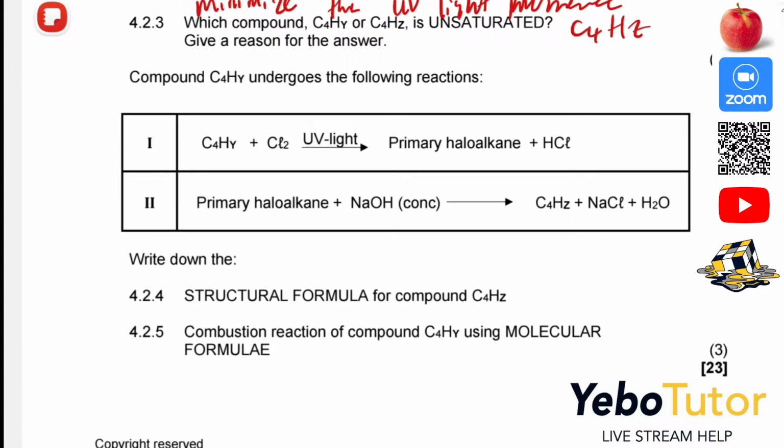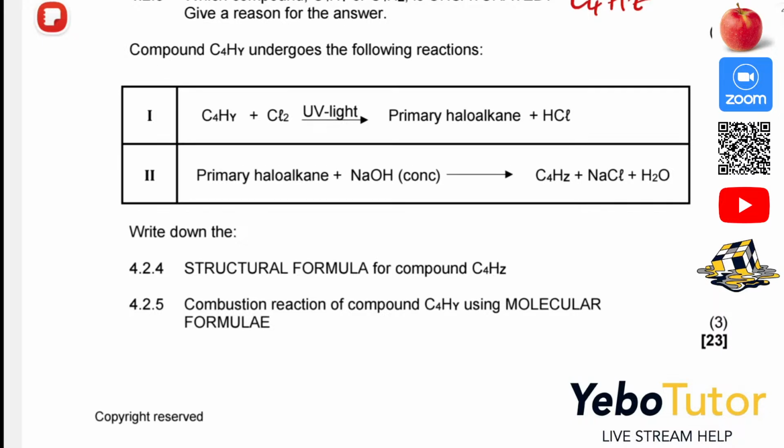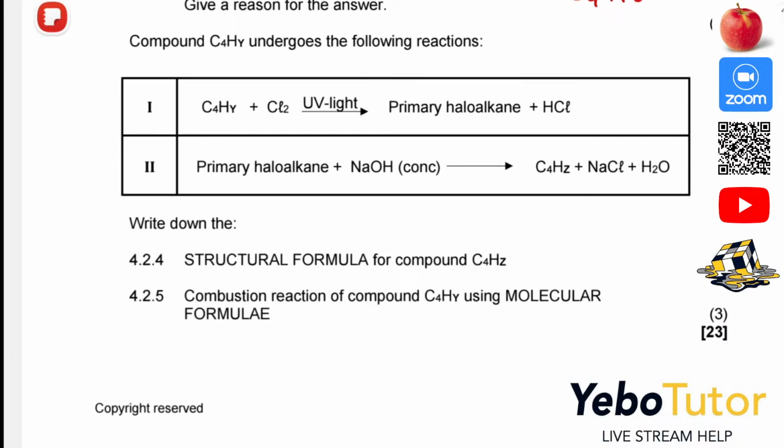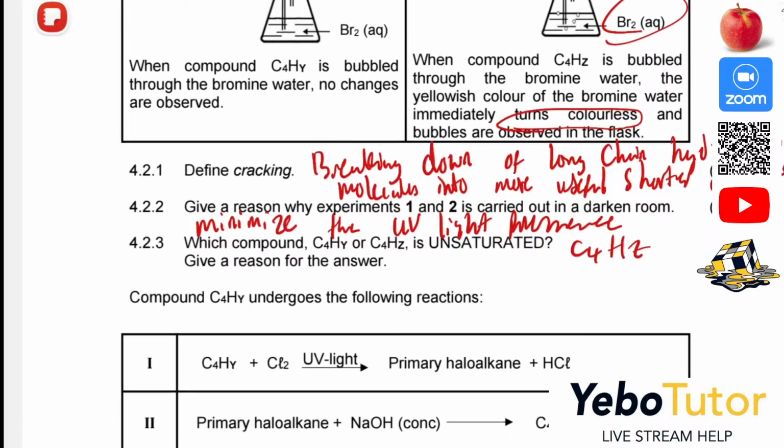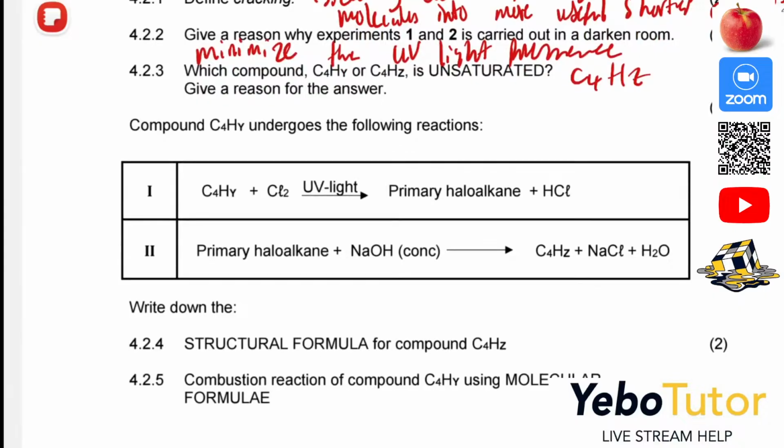Now, write down the structural formula of the compound C4Hz. Let's see. 2 marks. Structural formula for C4Hz. 1, 2, 3, 4. All right, so that would be just 1, 2, 3, 4.